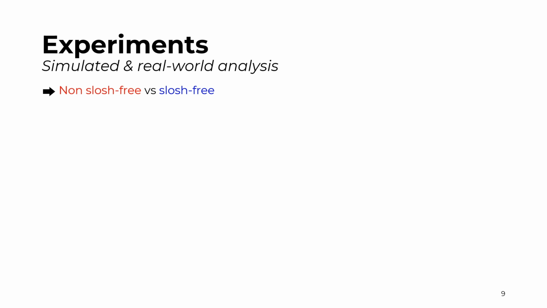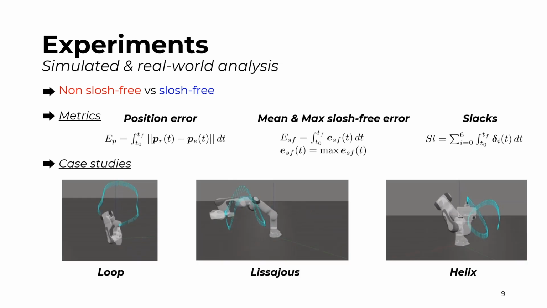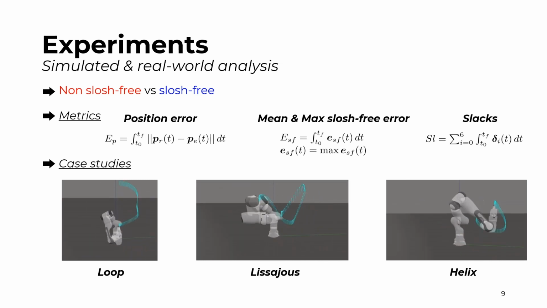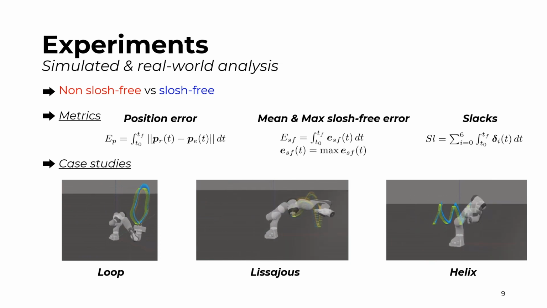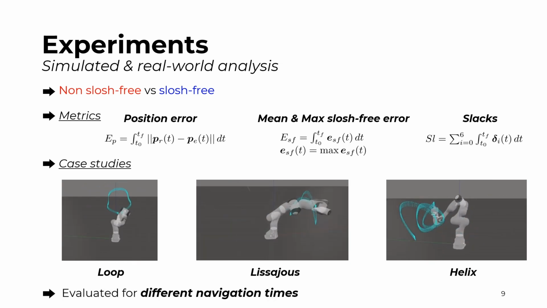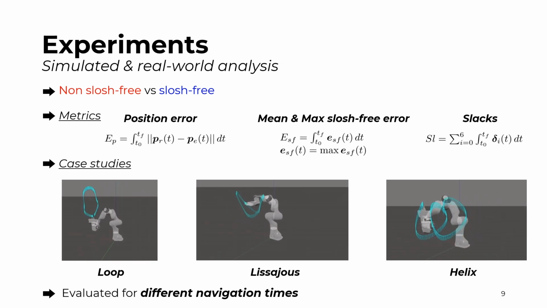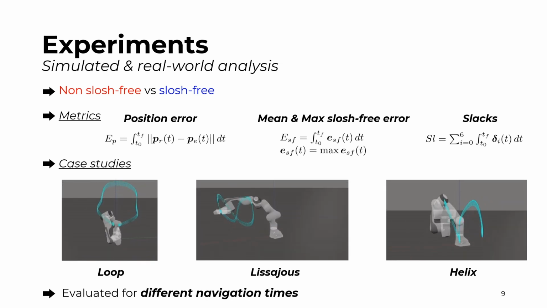The comparison is conducted according to four criteria: position error, average and maximum slosh-free errors, and slack variables. We generalize the evaluation by running the comparison in three different trajectories: a loop, a Lissajous trajectory, and a helix. Each of them is evaluated for different navigation times, which allows us to evaluate the performance of the presented slosh-free tracker in slow-moving as well as in agile and aggressive maneuvers.